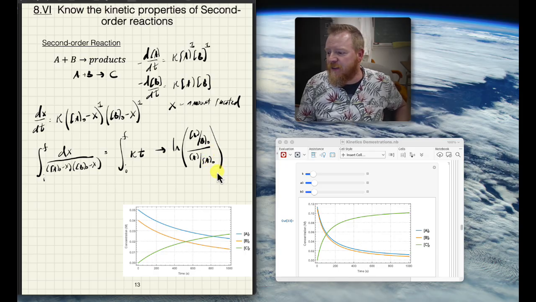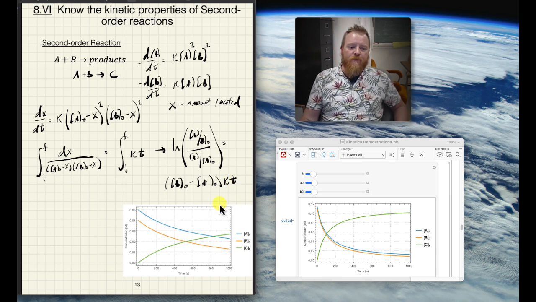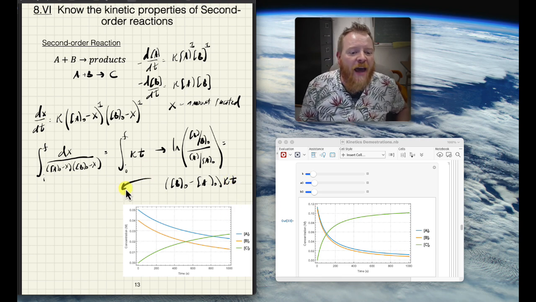Oh, and I didn't leave myself enough room. And all of that equals B initial minus A initial, all times KT. So, and of course, I could write that in another way.